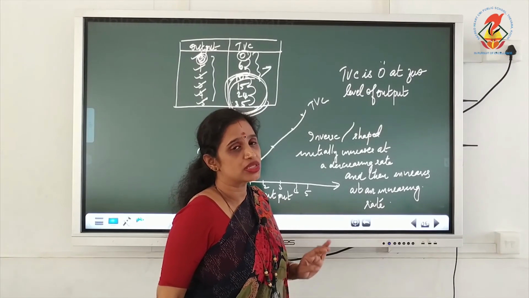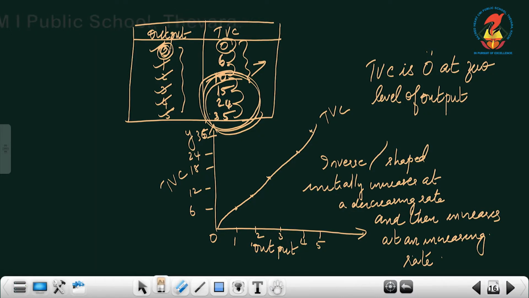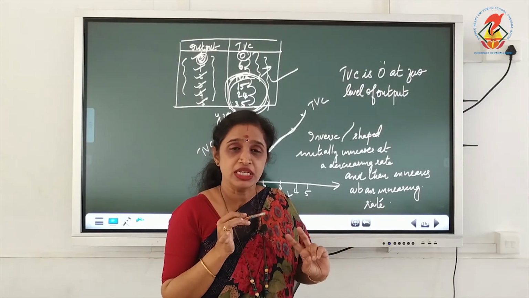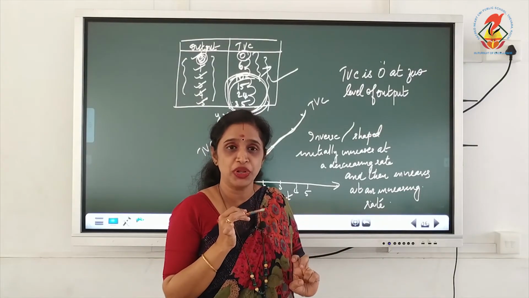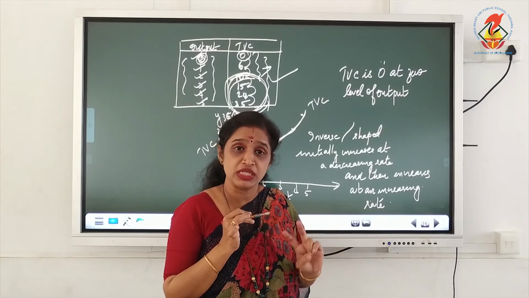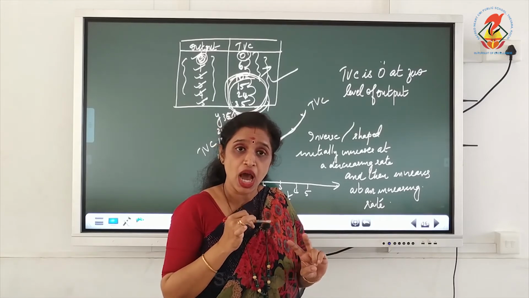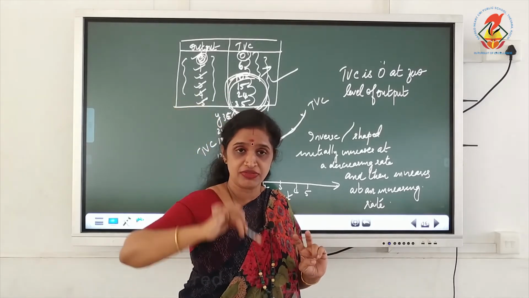Now, based on this table, if you are drawing a curve, you can find this is a curve which I have drawn for total variable cost based on this table. You can find a curve which is upward sloping, because when output is increasing, total variable cost is also increasing. Both the variables are moving in the same direction, and I have told you, if two variables are moving in the same direction, you will get an upward sloping curve, isn't it?